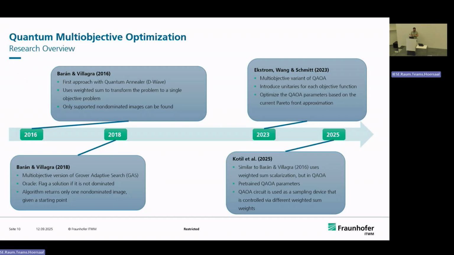That is similar to the first approach, but instead of quantum annealing, they use a QAA, and they have a pre-trained QAA sampler that provides them good solutions for this weighted sum approach. And they use this because you don't just get the optimal solution, but some solutions that are falling behind, and they could really well approximate the Pareto front.